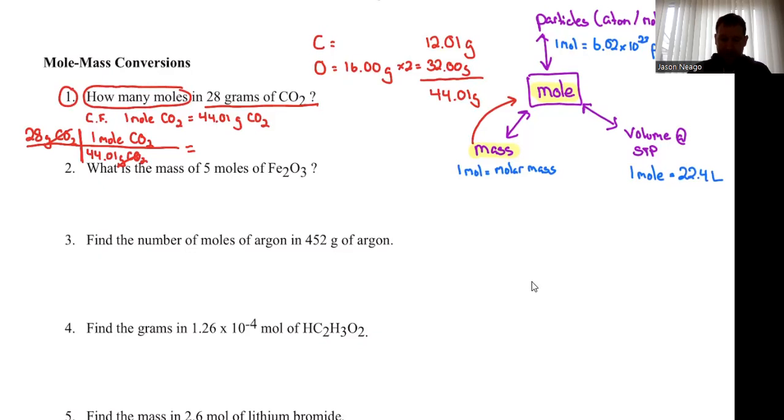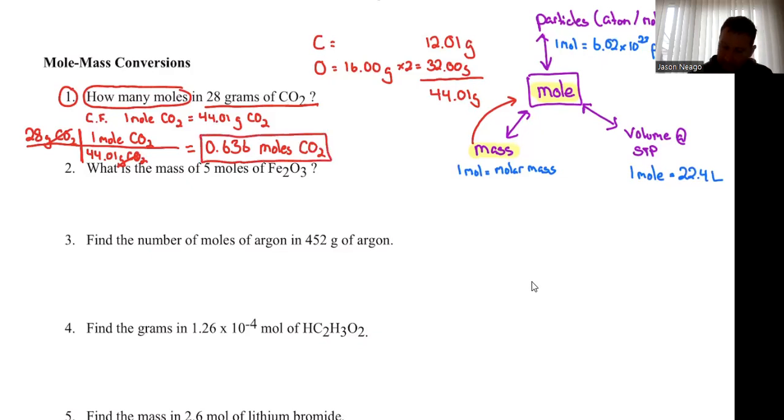I'm going to take 28 divided by 44.01, and I'm going to get 0.636 moles of CO2. Okay, so that's my answer.